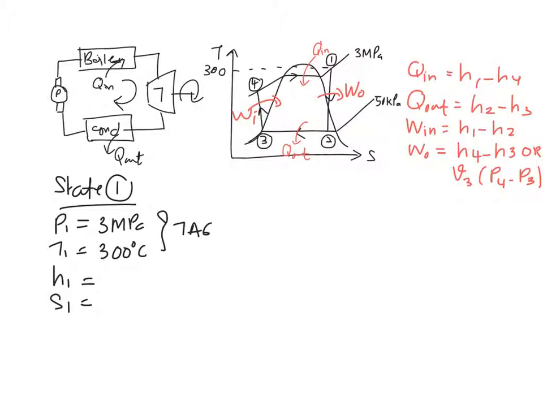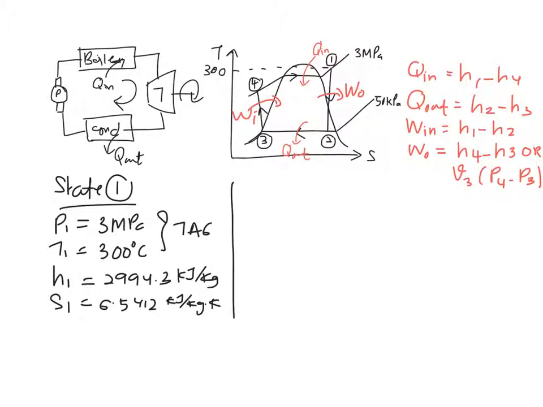Why? We will see later when we solve for state 2 why you need your S1. So open up your property table A6. When the pressure is 3 megapascal with 300 degrees C, what will be your H and your S value?